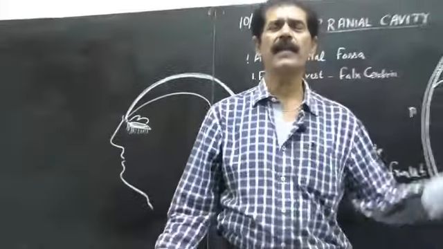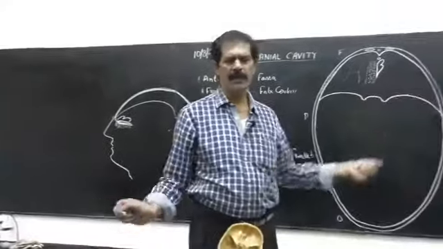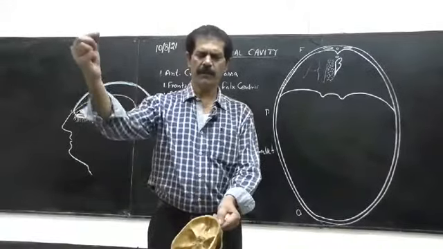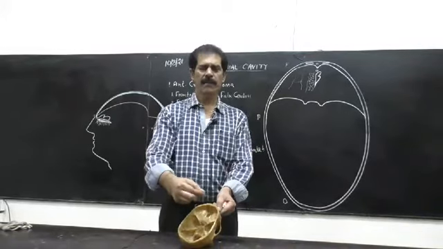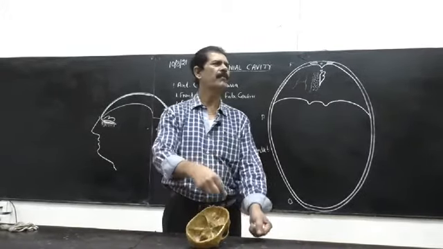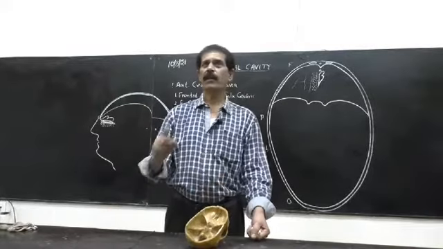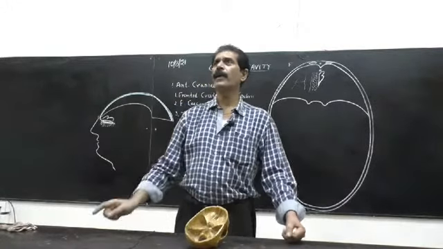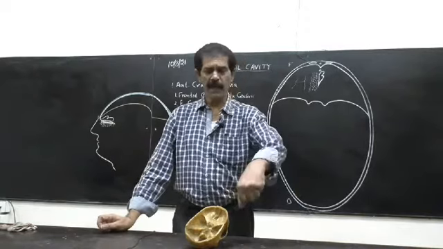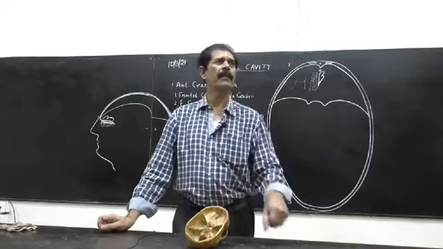So in the viva exam, we will ask you each and every thing. We will give you the skull, and we will put a long wire or a pointer, and we will ask in the viva what is this plate, what passes through this, what is this foramen, what passes through. So the cranial cavity is an important part of the practical. Every student will be asked any foramen or any feature of the cranial cavity.